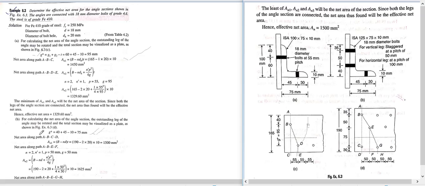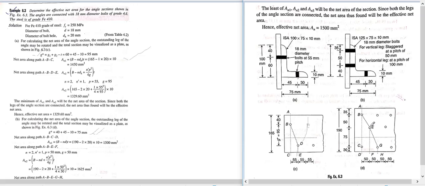I will not solve this part, I will just dictate it. Along path ABC there will be two bolts and no change of path. On the second path ABEF there will be one change of path, so N dash should be one here.